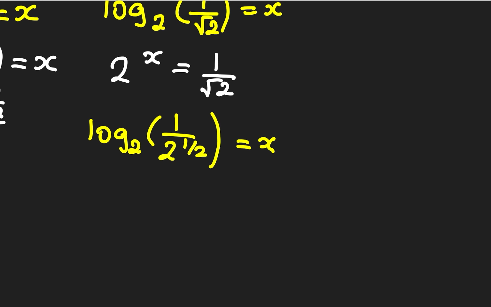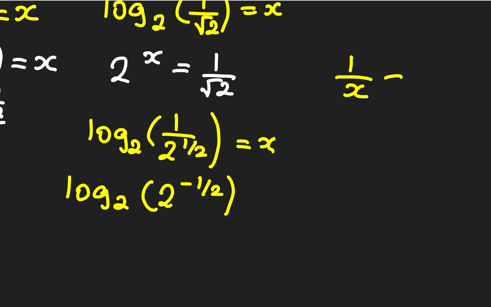Now what's the next step? Let's simplify it once again. Log base 2 of, and now here, as we know it's 1 upon a value, we can simply put 2 power negative 1 upon 2. For all cases, whenever you have 1 upon x, it becomes x power negative 1.